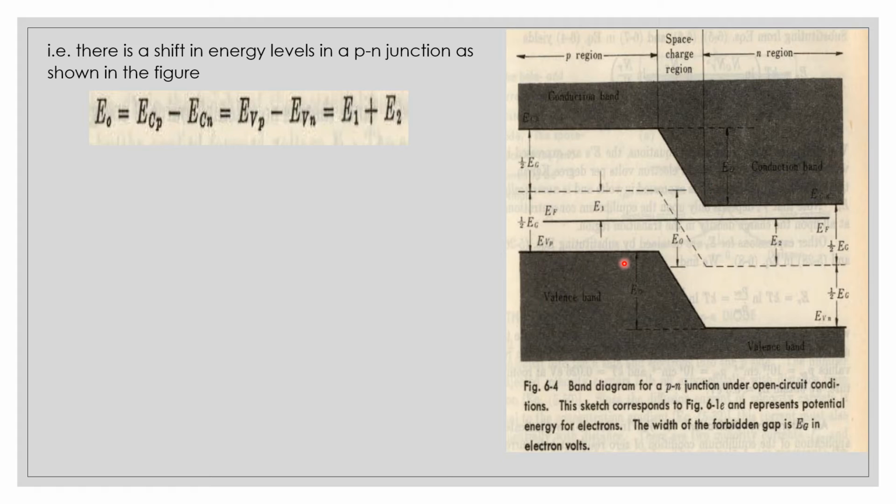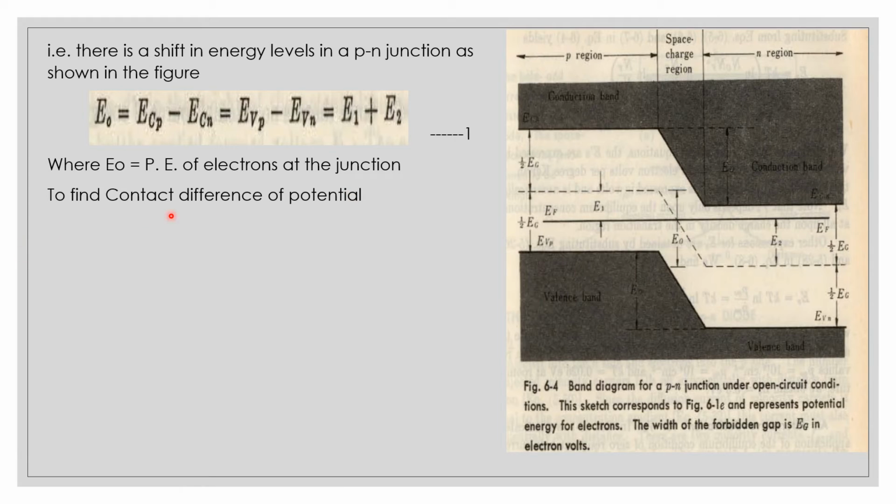Same way, EVP minus EVN. This height is E0 and that can be written as E1 plus E2. This is also E0. E1 plus E2, equation 1, where E0 is the potential energy of the electrons at the junction.